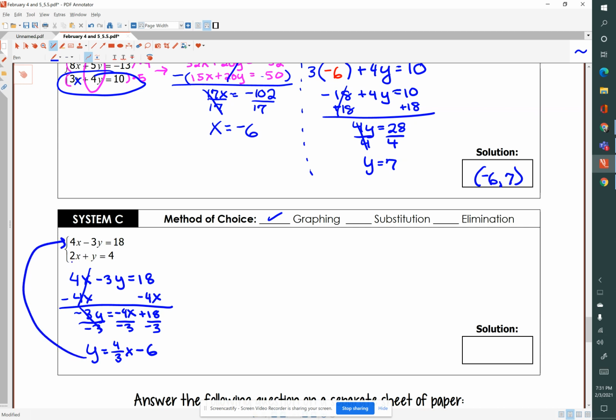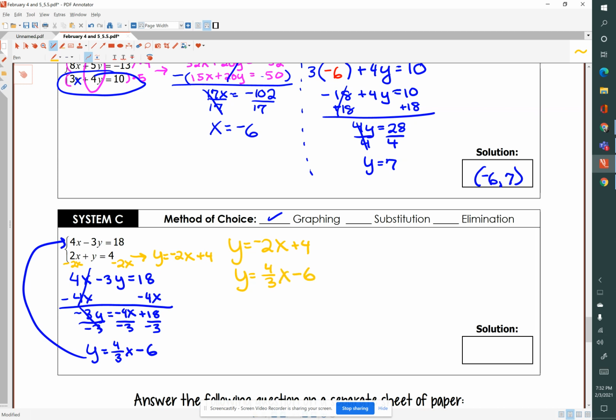For the second equation, all I need to do is subtract 2x from each side, and that will give me y equals negative 2x plus 4. So I've got these two equations, y equals negative 2x plus 4, and y equals 4/3 x minus 6.